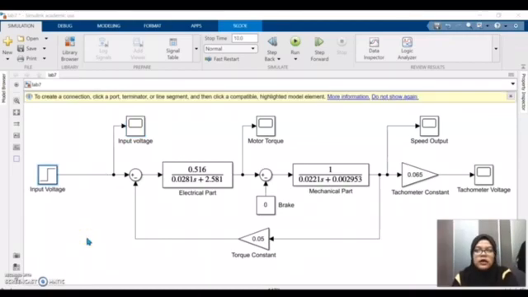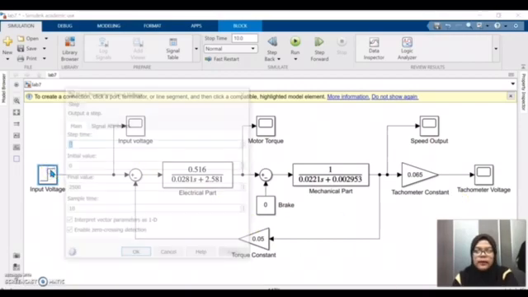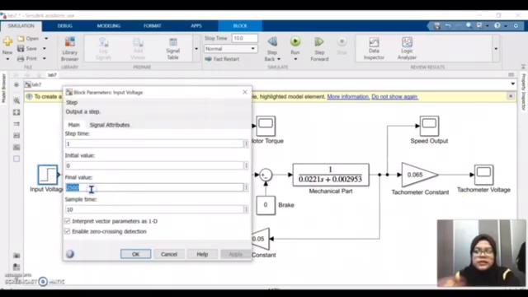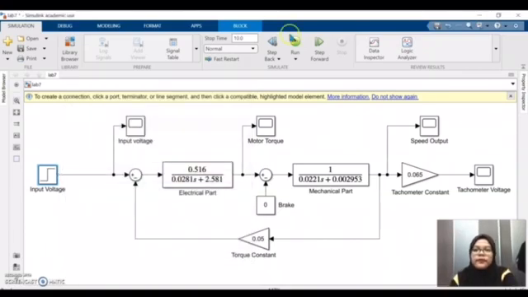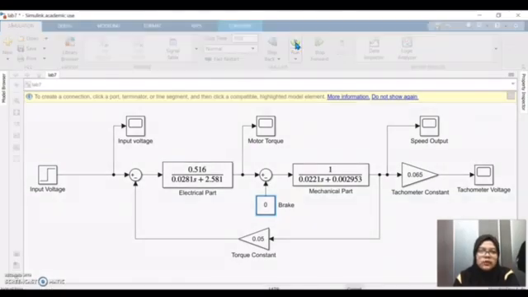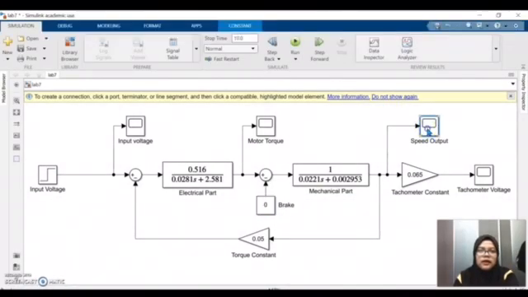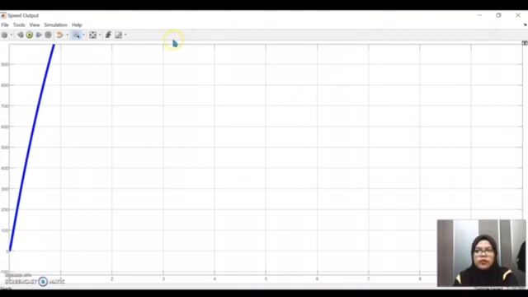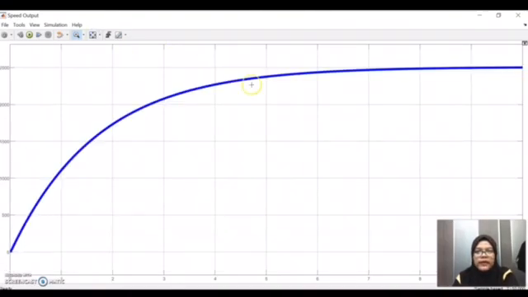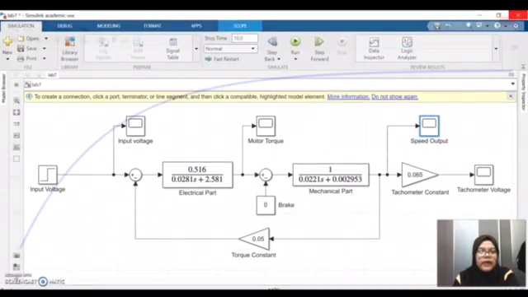To find the speed output, we change our circuit to look like this, and we change the input voltage to 162.5. Then we run the simulation, and we get a speed output of 2500 RPM for brake scale 0.